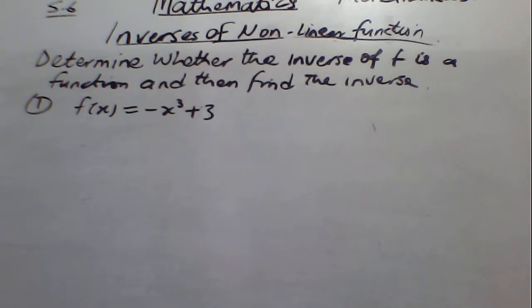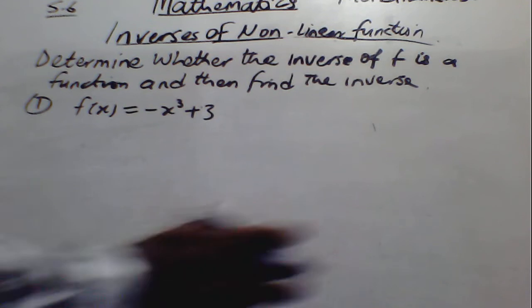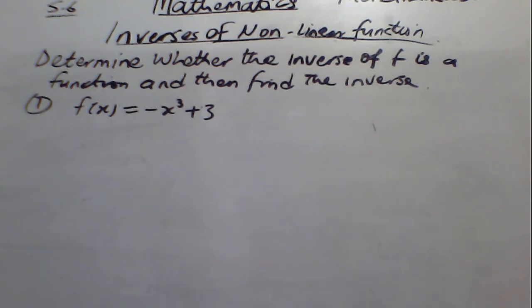So you have seen it. Determine whether the inverse of f is a function and then find the inverse. Since we use the horizontal line test for nonlinear functions, the graph of this function will enable us to know if its inverse is a function or not.